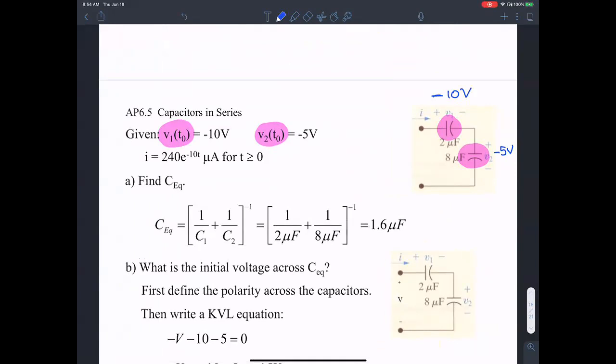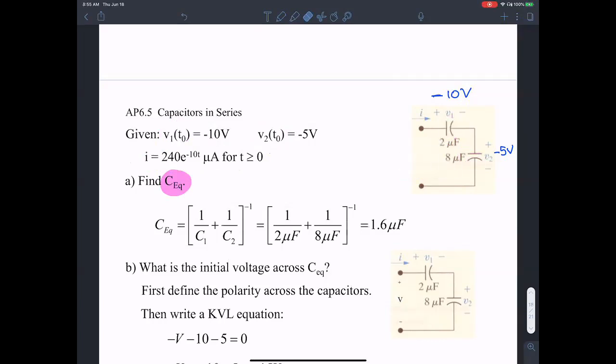These are connected in series, and the current flowing through them as a function of time is given. You're asked to find a couple of things. What is the equivalent capacitance? That's the first thing you're asked to find.